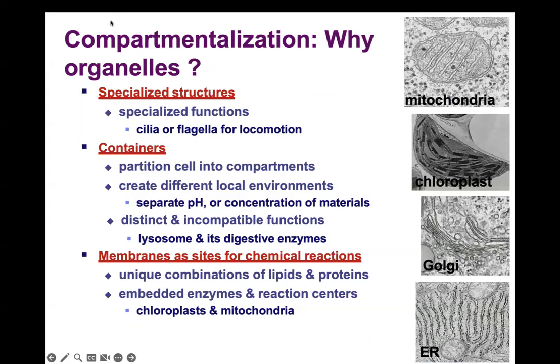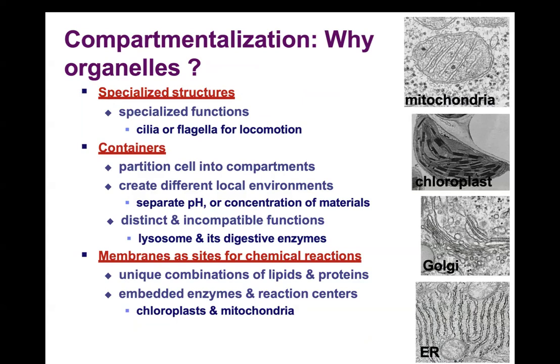So one of the questions we started with was, why do eukaryotes have organelles and why would they evolve? What's the use? What's so good about having organelles? Having organelles is what we call compartmentalization, where we break up the inside of this cell, this compartment, into smaller pieces, smaller compartments.